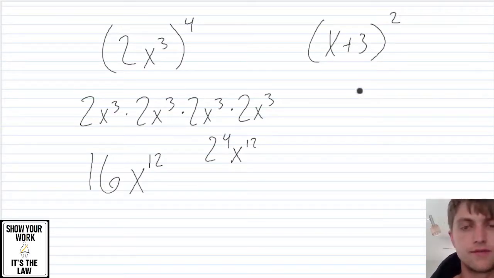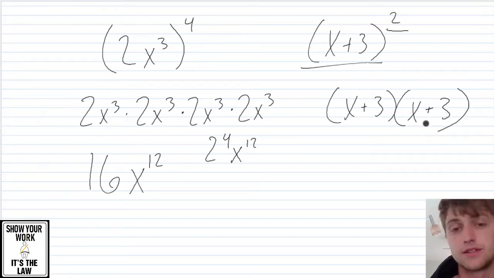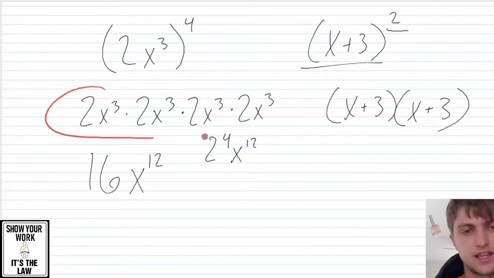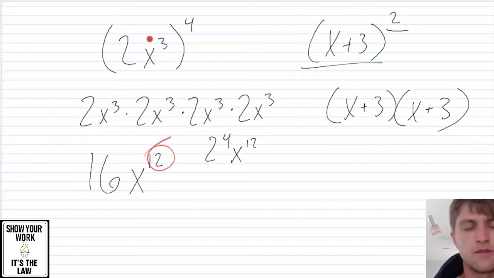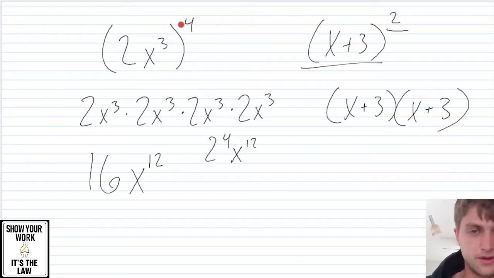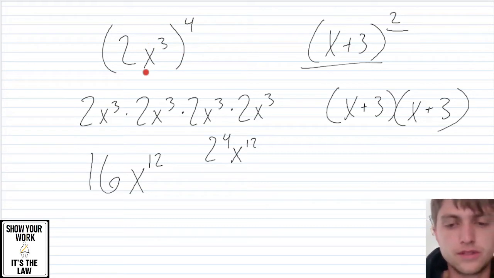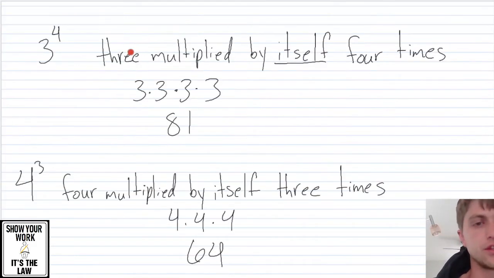Always, until you get comfortable, just break it down: x plus 3 times x plus 3, and you'll get the right answer. When we're multiplying in a line like this, that's when we add our exponents: 3 plus 3 plus 3 plus 3 gives us 12. When we have an exponent raised to an exponent, that's when we multiply. So just keep those things in mind. But like I said, if you just break it down the long way, you should be able to get it. Think about it in the English. You should be able to get it every time.